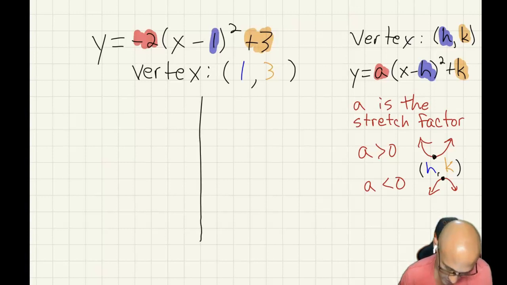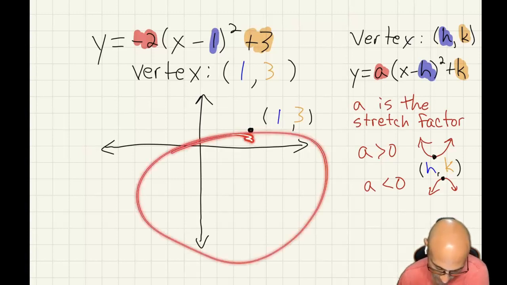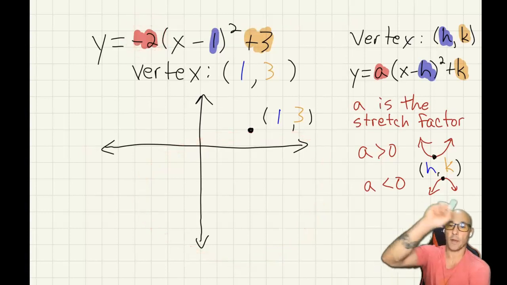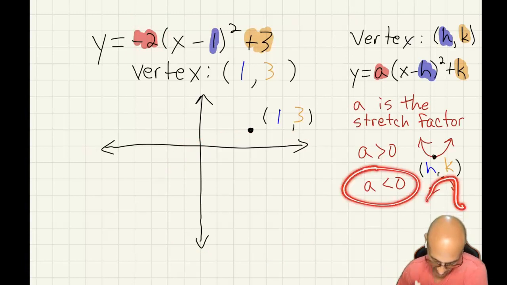Okay, so if we're thinking about graphing, I'm just sketching kind of quick graphs. 1, 3 is right there. And I knew that I needed to have all this space down here because my A value is negative, which means it's going to open down. It's going to be like this because A is negative.